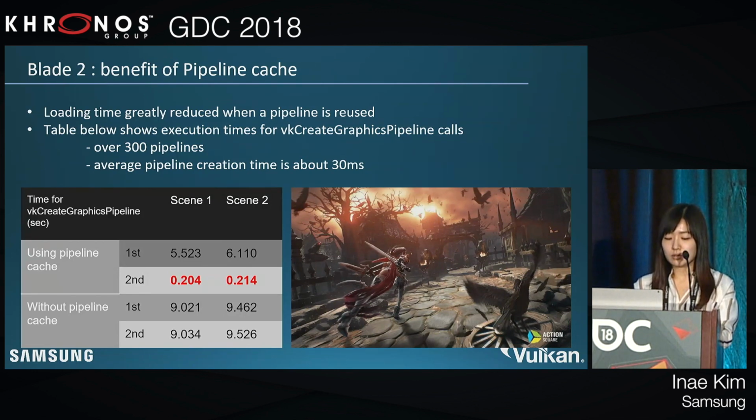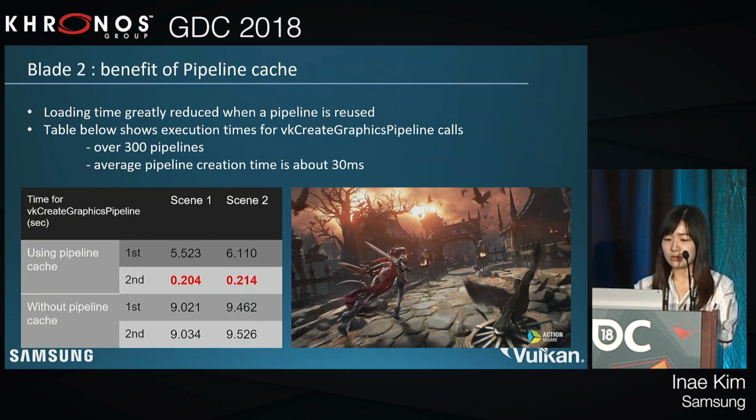This data on the table is the time to execute all of vkCreateGraphicsPipelines when loading a scene on Blade on mobile. In this case, one scene needs over 300 pipelines, and creating a pipeline takes 30 milliseconds on average without the pipeline cache. How about with the pipeline cache?